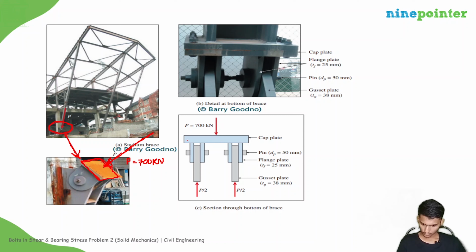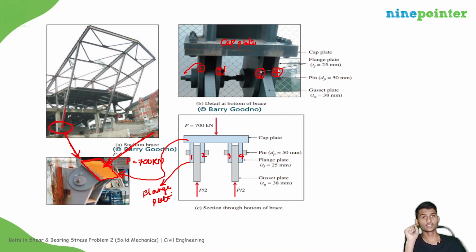This is the cap plate, and these are the four flanges, 1, 2, 3, 4. These four are flange plates. So this 700 kilonewtons is transferred to these four flange plates uniformly, means in equal distribution.